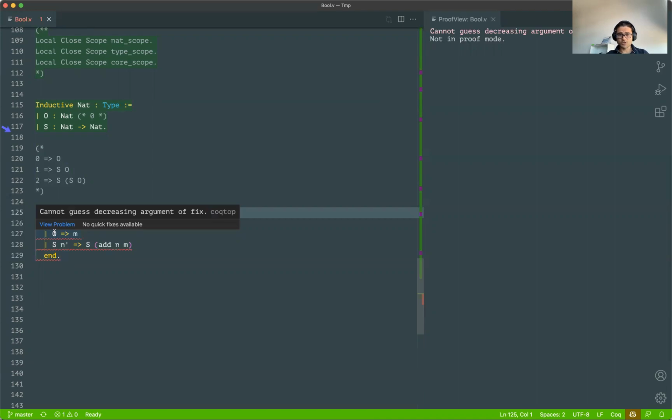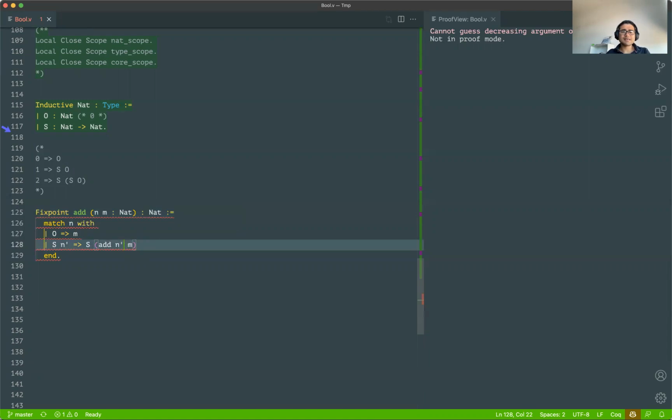And every function in Coq needs to terminate. How is Coq measuring termination here? Well, previously I was passing n prime, the smaller version of n. I'm taking the S out and then passing a smaller argument to the rest of the function. If it's this one, we know that it will go in a loop. We can do that using CoFixpoint, but that's not relevant here.